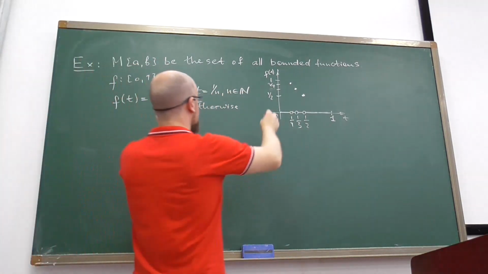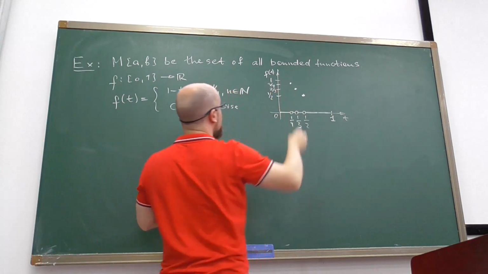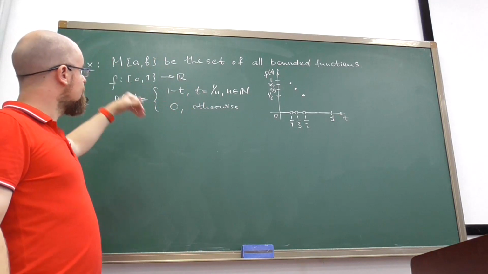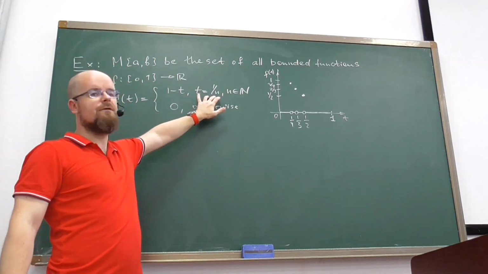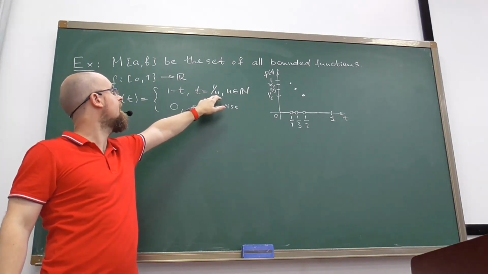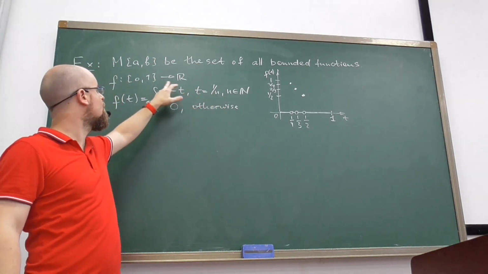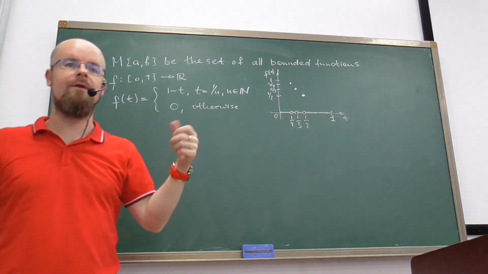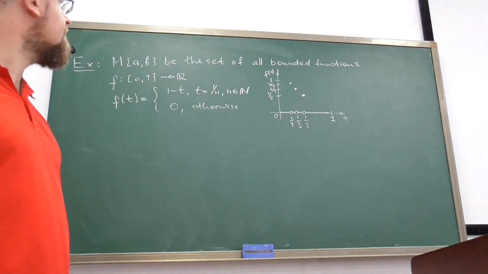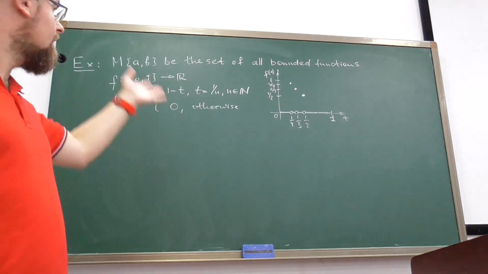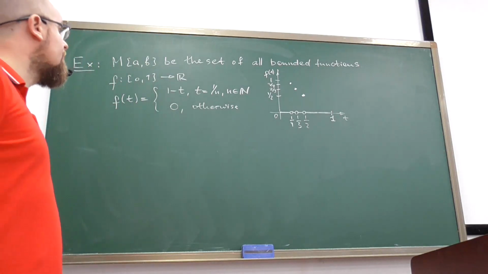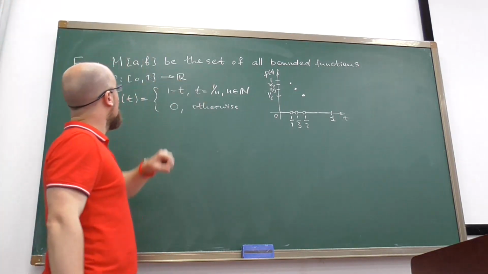And the values of the function at these points tend to 1, because when n grows, t goes to 0 and 1 minus t goes to 1, but this value of 1 is never attained. So this function does not attain its maximum, and we cannot speak about the maximum, but we can speak about the supremum.